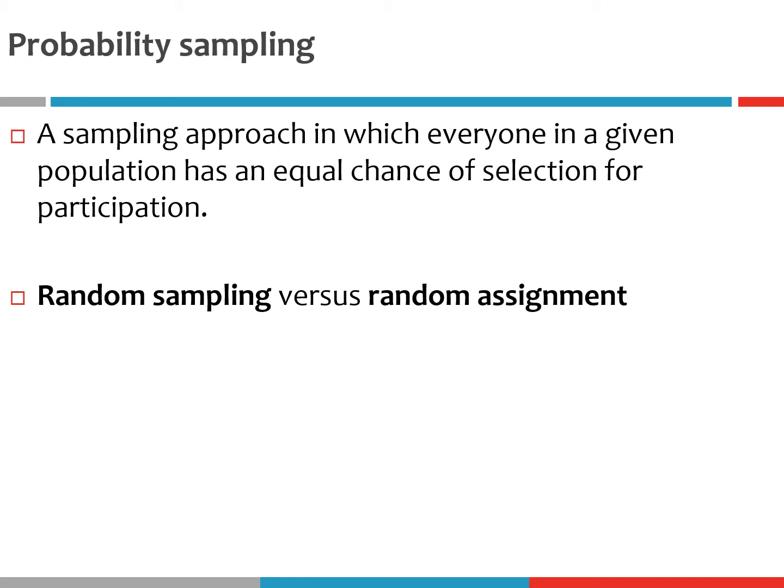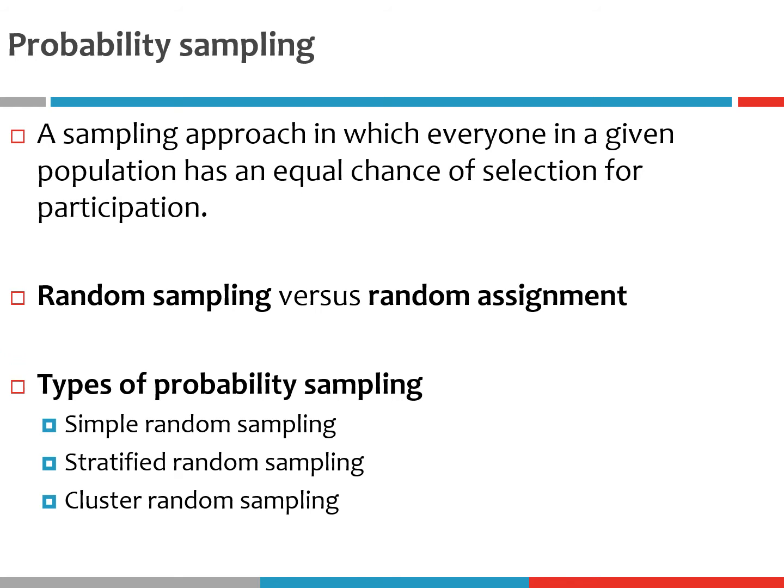Random sampling means that you have an equal chance of being selected from the population for participation, right? So everybody in the population has an equal chance of being selected to participate in the experiment, or everyone in your population has an equal chance of being chosen for the sample, right?